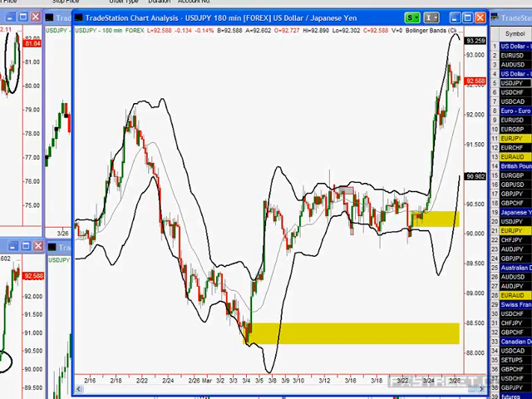Let's do the same thing in two other markets. All right, let's go to the pound. Let's get rid of some of these old lines. And let me blow up the pound here. Oops.